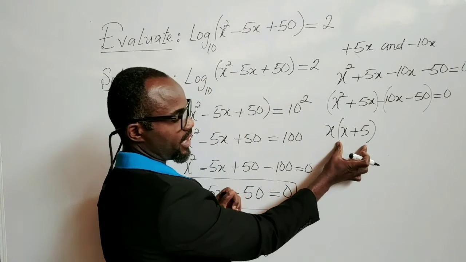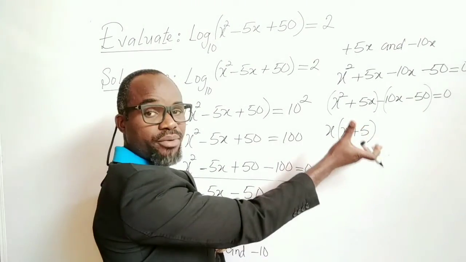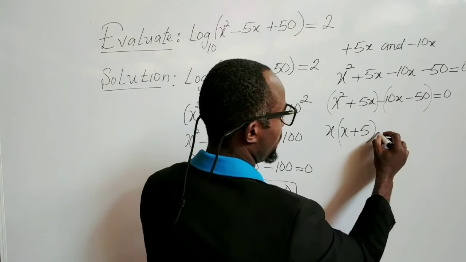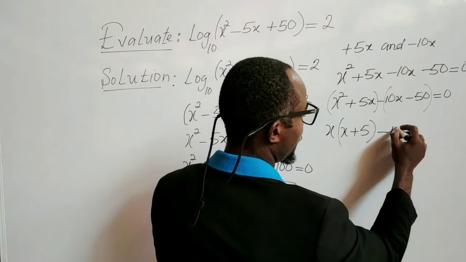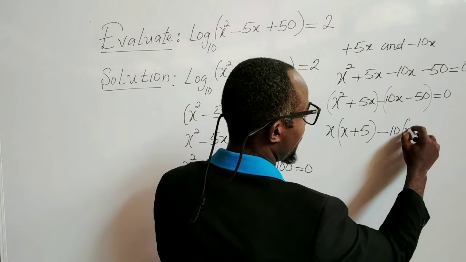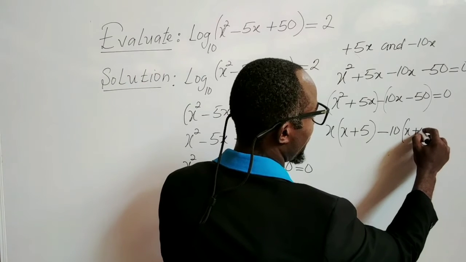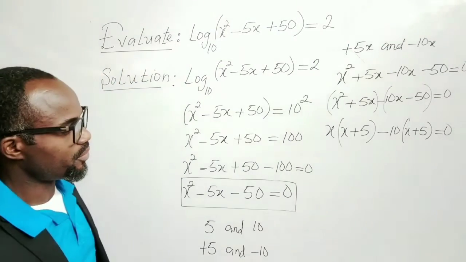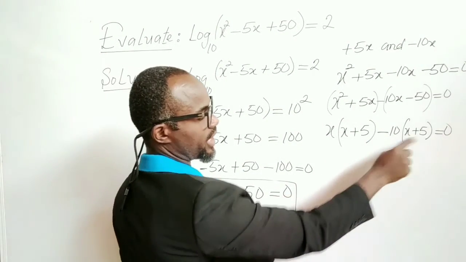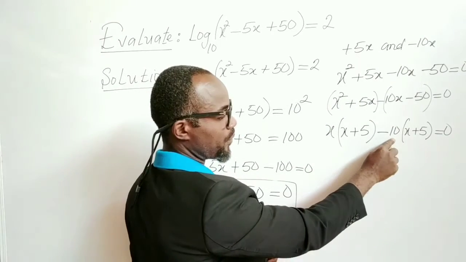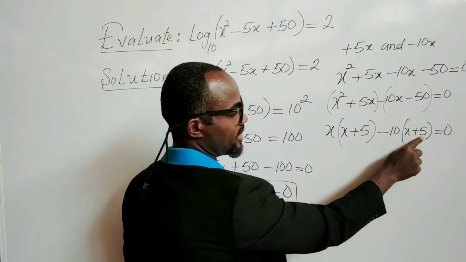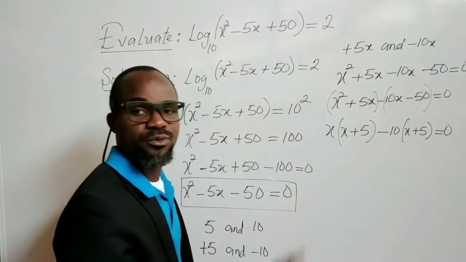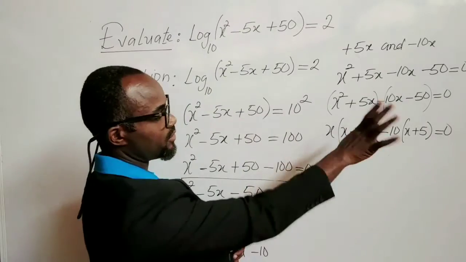So that when x multiplies everything in the bracket, we fall back to our previous expression. Then we bring out minus 10 here, and enclose x plus 5, all equal to 0. The reason is that when we multiply the bracket again with minus 10, minus 10 times x gives us this, and minus 10 times 5 gives us that, and we fall back to our original expression.